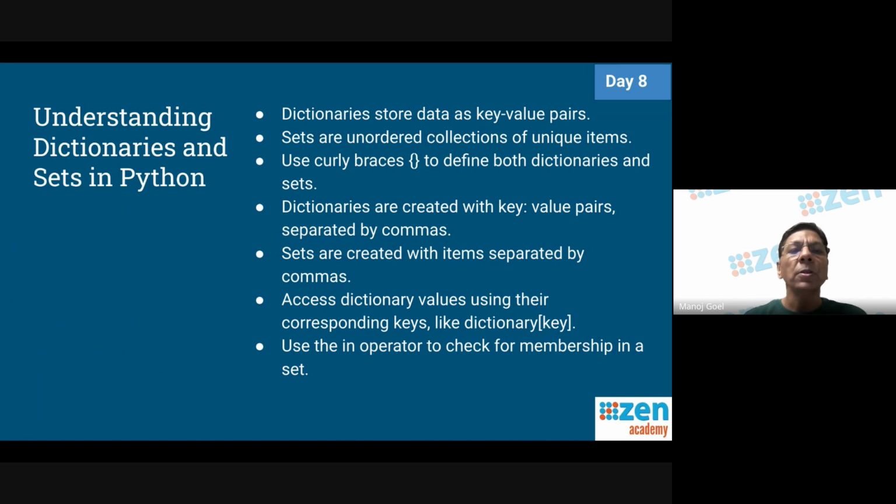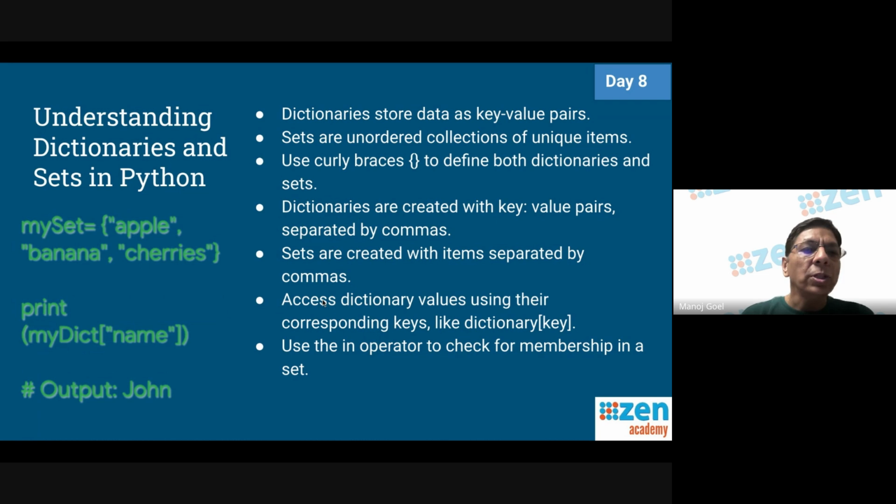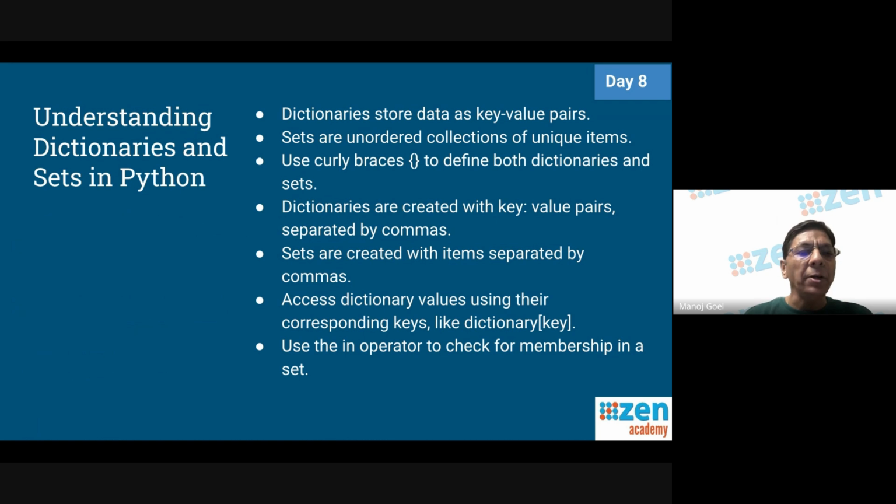So suppose this is my set. You see this? This is my set. So within curly braces, I'm putting some values separated by commas. Now, if I want to print, here you cannot do the way you are accessing this element.